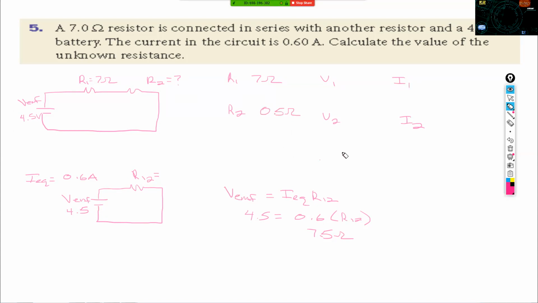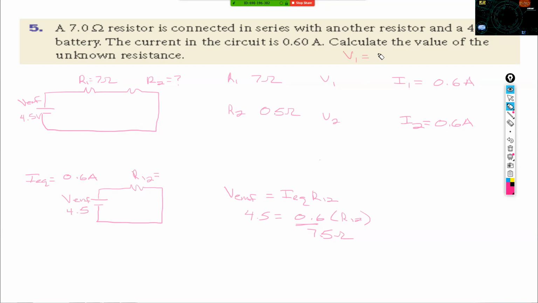Now let's just work everything back, even though it doesn't ask. What's the same in series? Okay, current. So this 0.6 is going to be the same here. It's going to be the same here. And then I can apply Ohm's law each time.